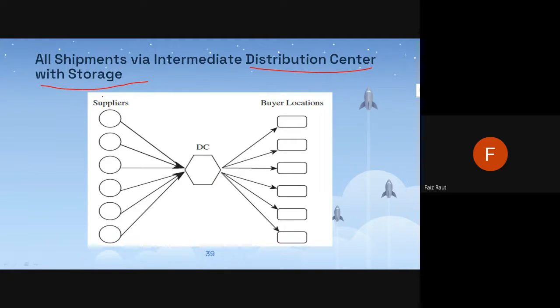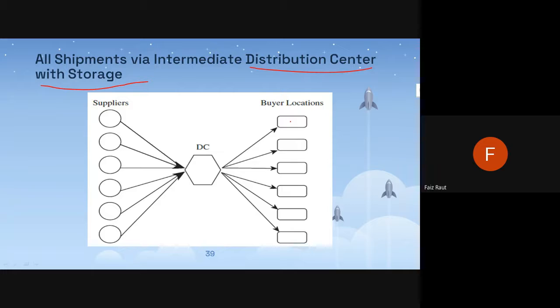So there will be many suppliers, and Amazon, sorry, Walmart or Big Bazaar will be collecting the materials from all the suppliers in its distribution center. Then from the distribution center, it will send them to various buyer locations.